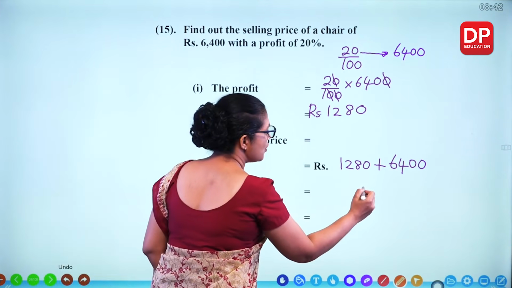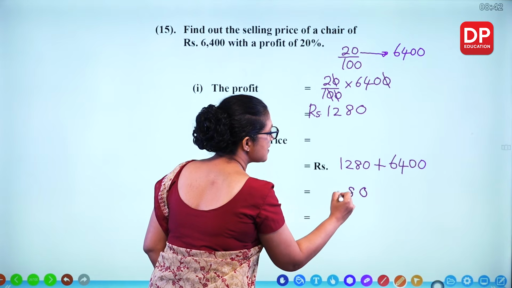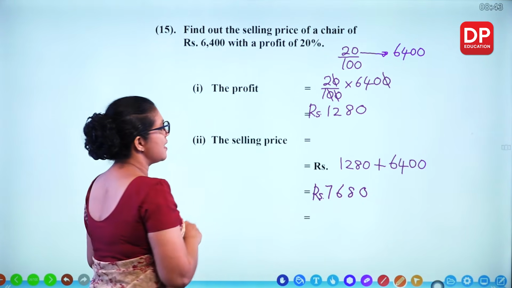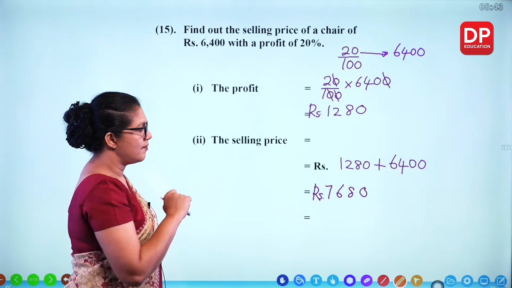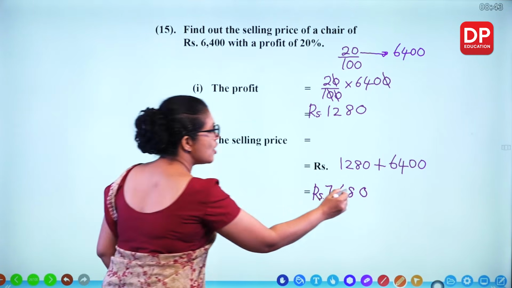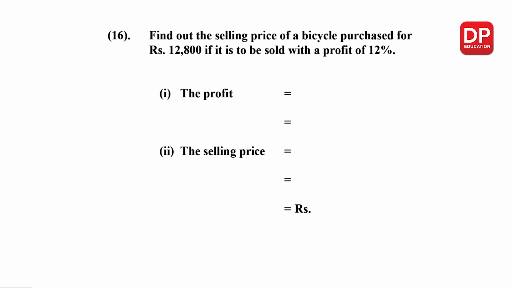So, when you add it, you are getting 0, 8, 6, 7. So, what's the selling price? We need to sell for 7,680 rupees to get 20% profit.